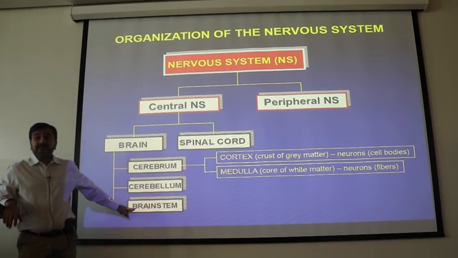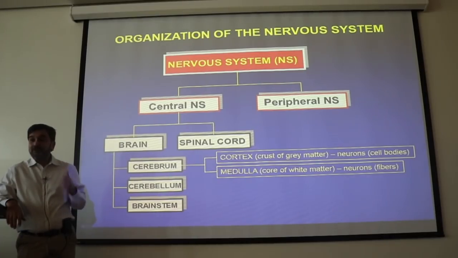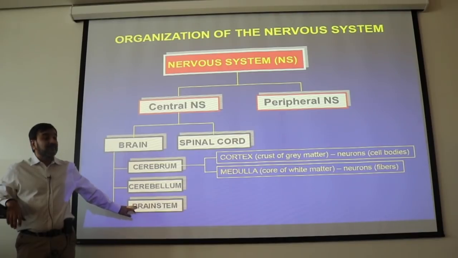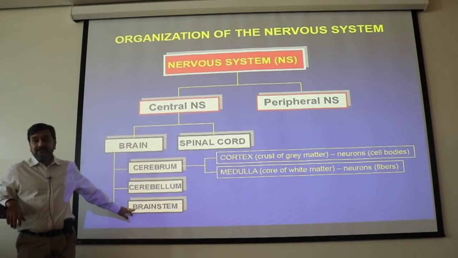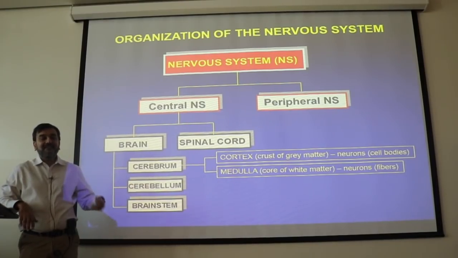The other thing is that the brainstem is supplying the head and neck region. The motor activity in the head and neck region is supplied by the neurons present in the brainstem. The motor activity in the rest of the body is supplied by the spinal cord.